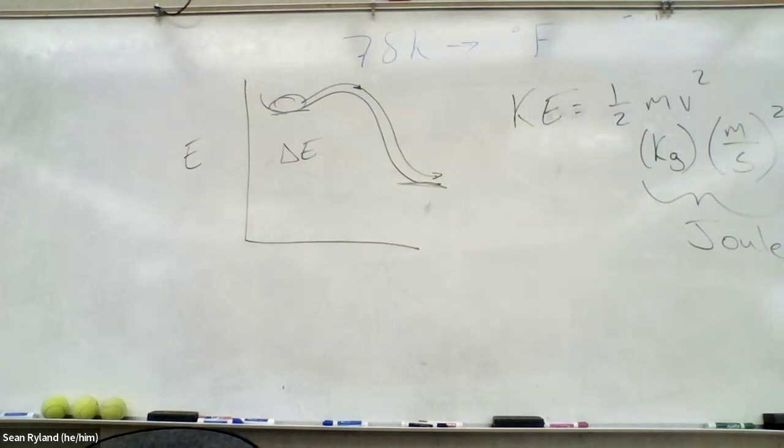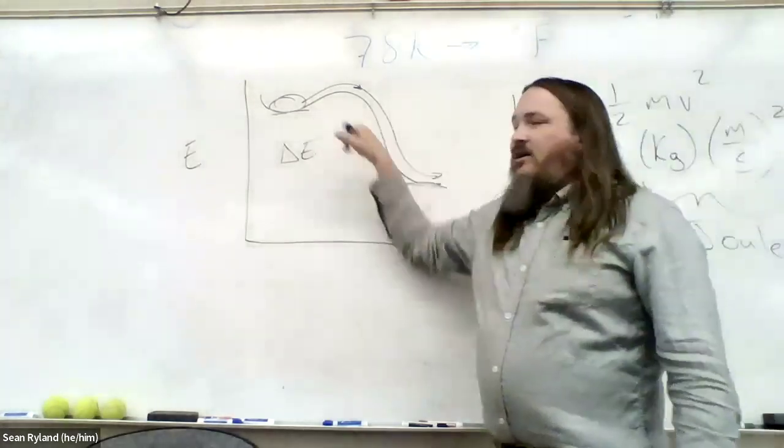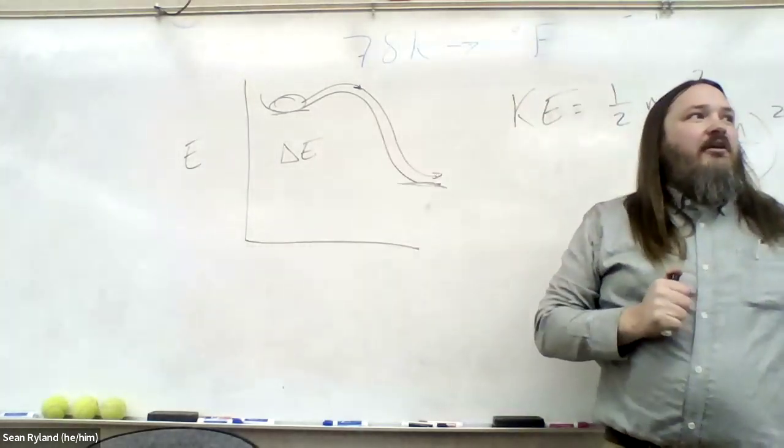And if you let them react, they make CO2 and water. And in doing so, CO2 and water are lower in energy than octane and oxygen were to begin with. So in that case, the difference in energy between where you start and where you end can actually be calculated.